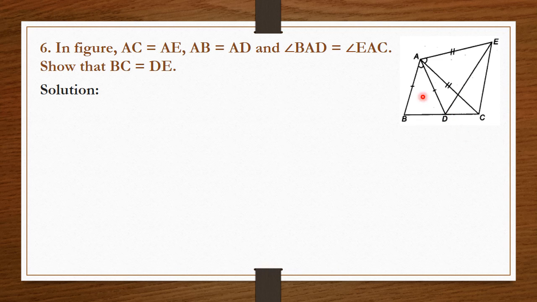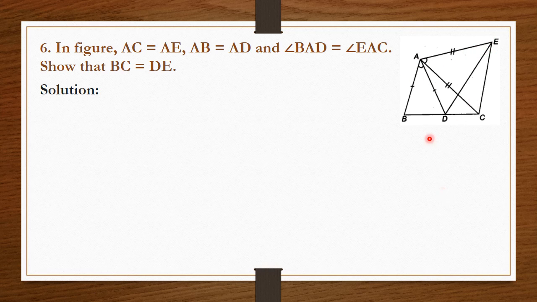So how can we prove that ABC is congruent to ADE? Here we can see that for triangle ABC, AB is equal to AD, and AC is equal to AE of triangle ADE, right?